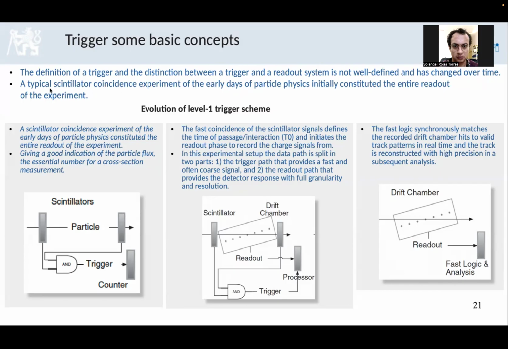There is a very typical scintillator coincidence experiment, which is always the first you learn. You have scintillators in coincidence, and you have some trigger, which is a basic counter, and you can scale and have in the middle some other detector that you will read out, and you want the information from it, and you have the scintillator as a trigger for this detector.